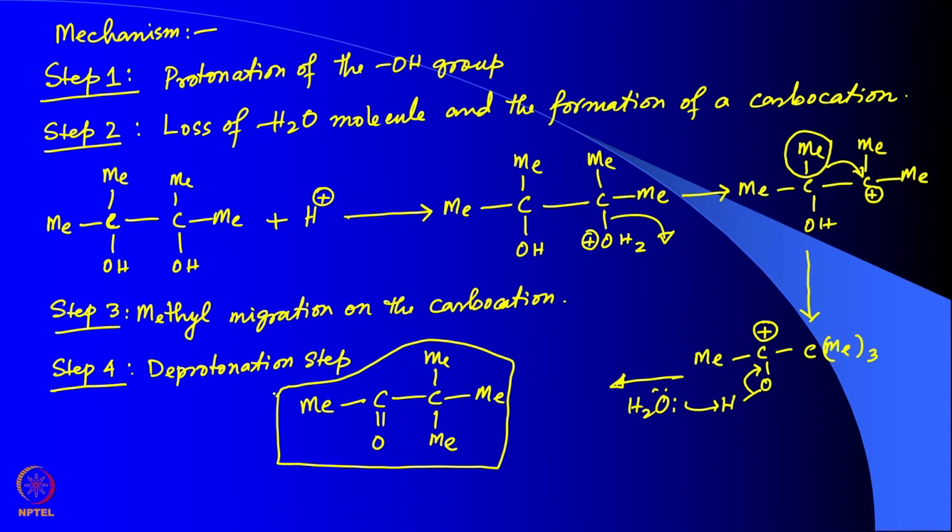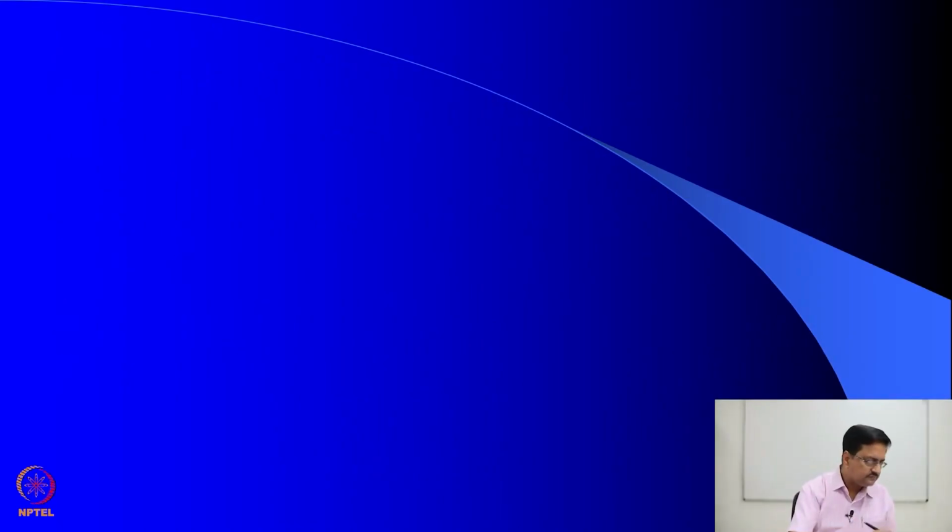So, let us try to see what happens if you try to do this reaction on different substrates. Suppose in the first example, we have a cyclic diol like this.